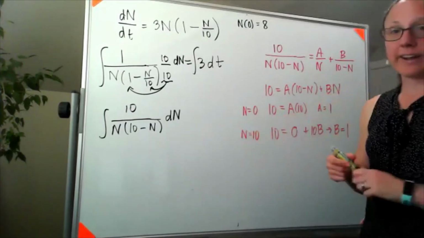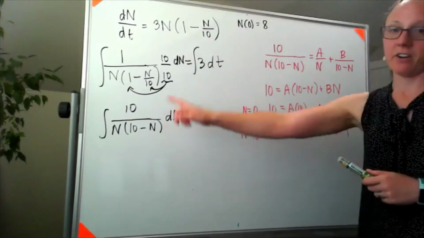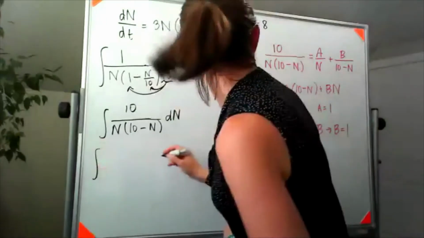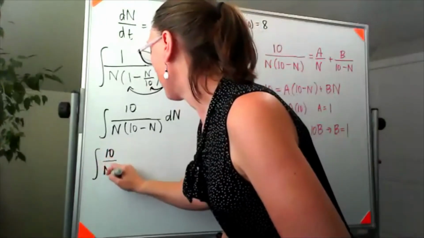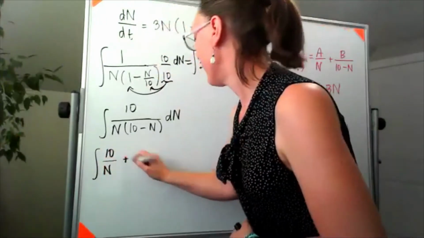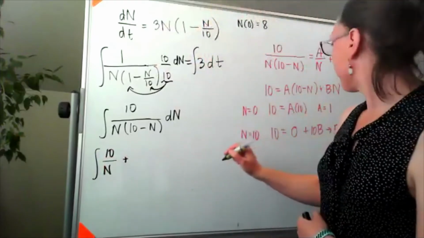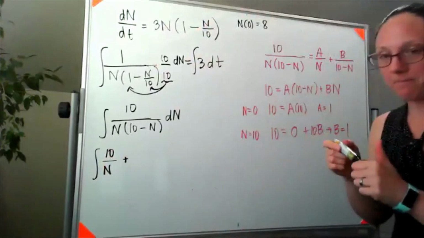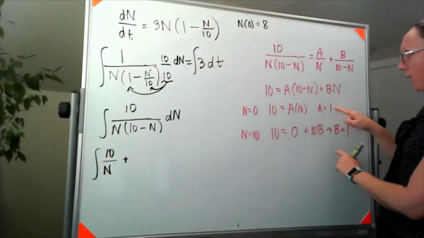Swinging that back over here, that means that instead of integrating that, I get to integrate this. So I've got 10 over n. I don't know why I wrote a 10. We just found out that a was 1.